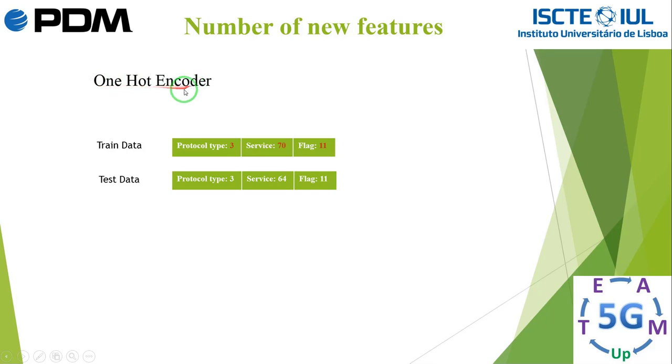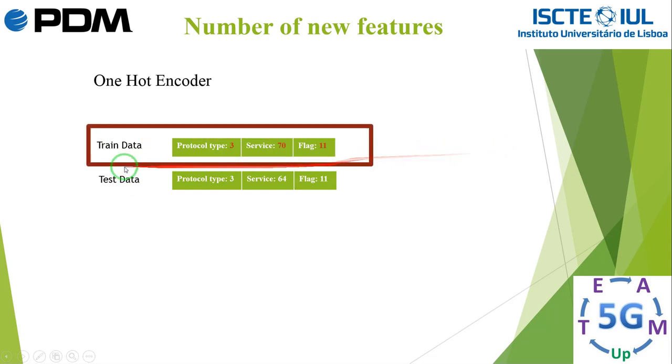Here for One Hot Encoder, we want to see how many new features are created after we use it. For the train data, you can see for protocol type we have 3 different unique values, for service 70, and for flag 11. As we said in the previous slide, we don't consider the number of unique values in the test data, so we only use the information from the train data.